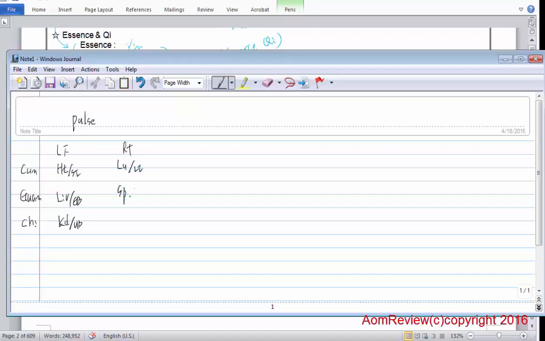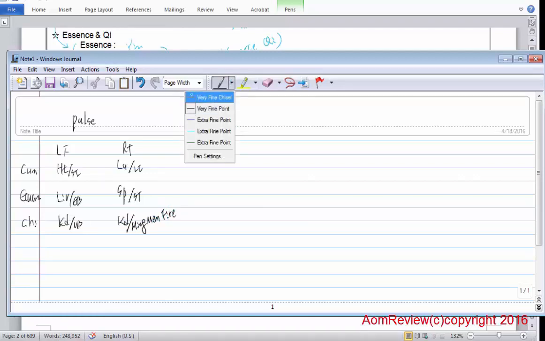Here is the spleen and stomach. And here is another kidney, but here we put the Mingmen fire. Because of this, when you see this, the heart is a fire organ, this is a wood organ, this is a water organ, this is a metal organ, and this is the earth organ.